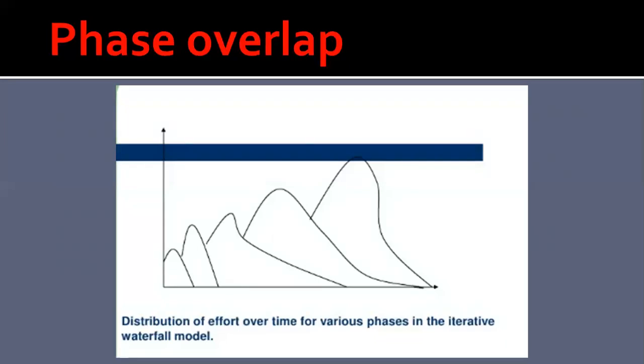So even though the strict waterfall model visualizes sharp transitions occurring from one phase to the next, like what we can see in this figure, in practice the activities of different phases overlap. The distribution of errors over time for various phases in this iterative model is due to two main reasons.